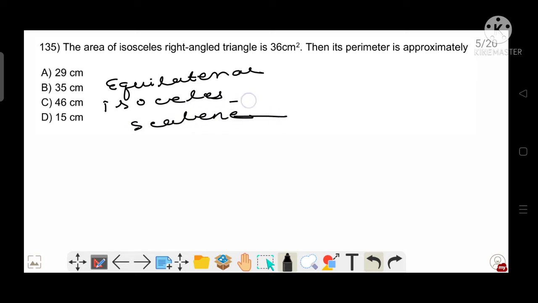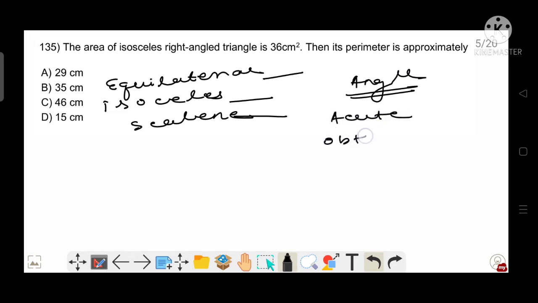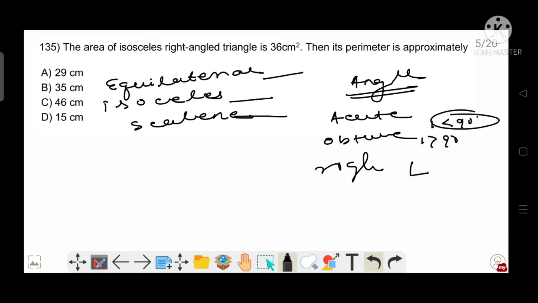On the basis of angle, triangles are three types: acute angle, obtuse, right angle. One of the angles is 90 degrees. Obtuse means one angle should be greater than 90, and acute means angles less than 90 degrees. Okay, that's an isosceles right angle triangle.